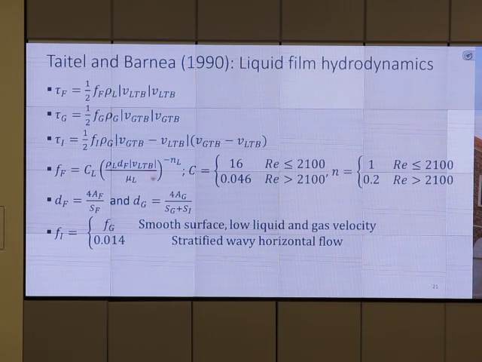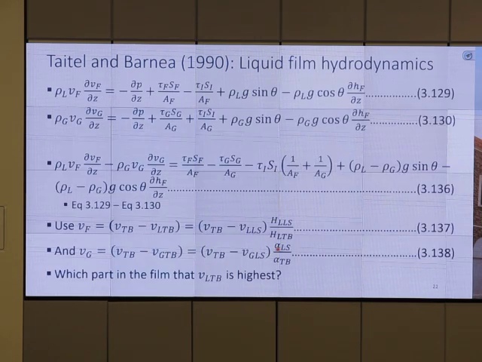For the friction factor use a Blasius type equation. dF for the film part is 4AF over SF. dG, the denominator is SG plus SI. Fi, you may use 0.0146 or something, or 0.014, because we assume it is stratified in the film zone. So other parameters are the same.